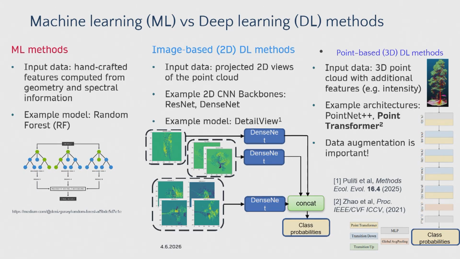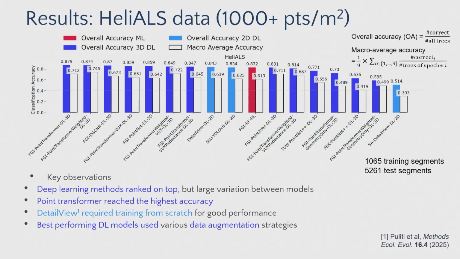But how it was implemented here is that, because it was already trained with other data, NIBIO, who led this task, used a pre-trained network and predicted these species on our data. And then there were some point-based methods, especially the Point Transformers and PointNet++. This is for the Helios, for the dense data, so this is 1,000 points. And deep learning is in blue, and it won the game.